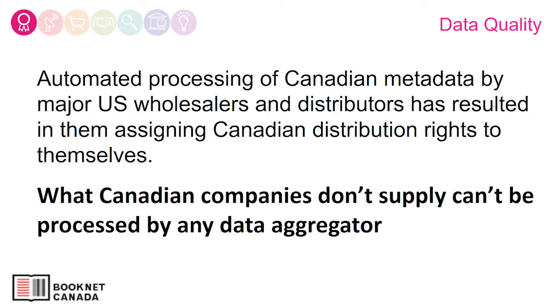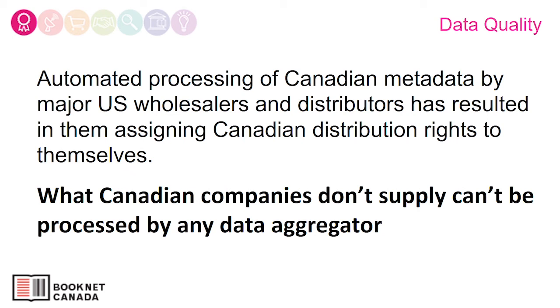Next slide. Automated processing of Canadian metadata by major US wholesalers and distributors has resulted in them assigning Canadian rights to themselves. This is something we can document in BiblioShare and that BookNet has found as creating problems when we're helping clients.